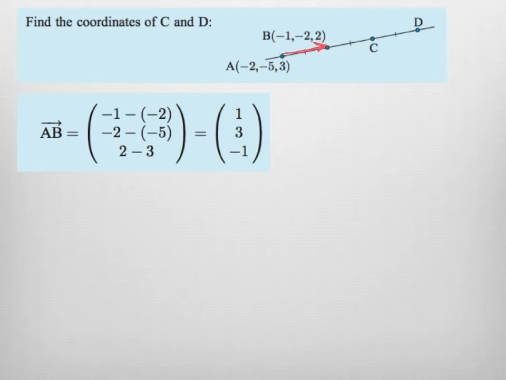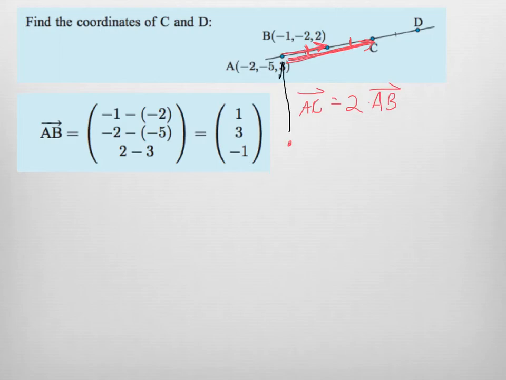Well, I know that this length is the same as this length, so really I could find the vector AC. The vector AC is really 2 times vector AB, isn't it? Because it's going in the same direction and it's twice the length of AB. So there's one relationship that I know. Let's say the origin's over here, and I'm just drawing arbitrarily.